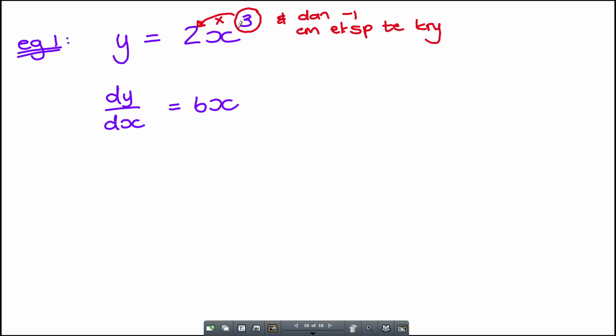So this will now become 2. You guys good? Easy enough. So we take the exponent, multiply it with the coefficient, and then minus 1 to get the new exponent. Are you ready? Let's try one more.